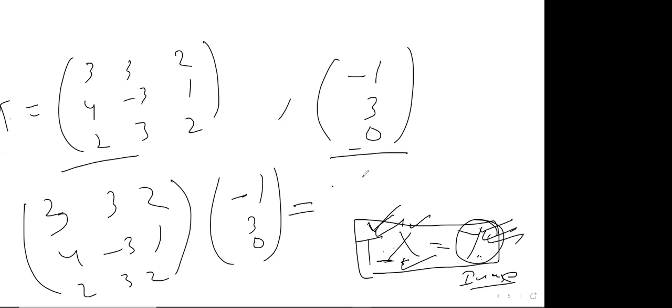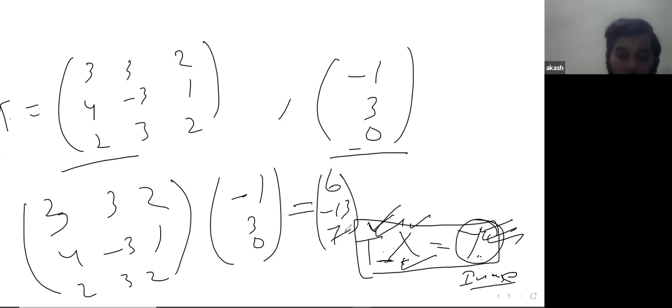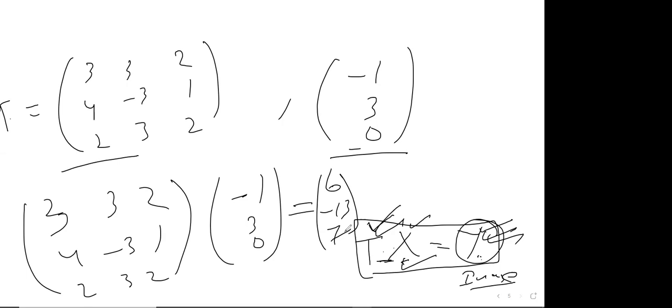Six, minus 13, 7. Yeah, absolutely right. So now are we clear how to use this transformation matrix in equations? Okay, so shall we move forward?